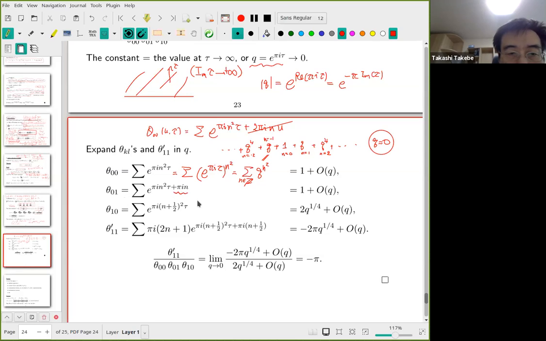Actually, we have some signs, but the leading term is 1 as before. Well, for these two series, the things are a little bit more non-trivial.